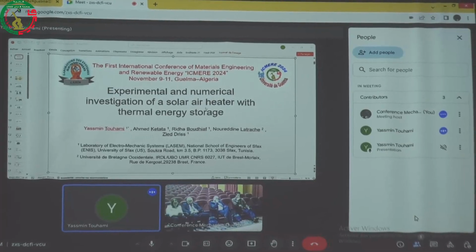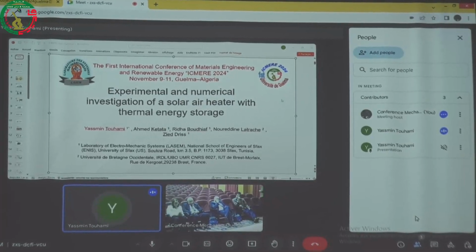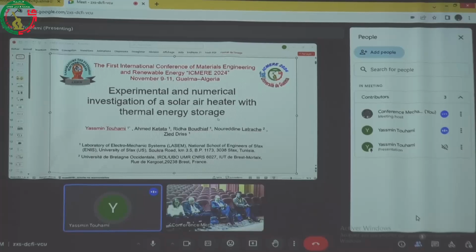My presentation is composed of 5 parts. First, a general introduction, then the experimental study, next the numerical model choice. After that, the storage of thermal energy, and finally I will end with the conclusion and perspective.